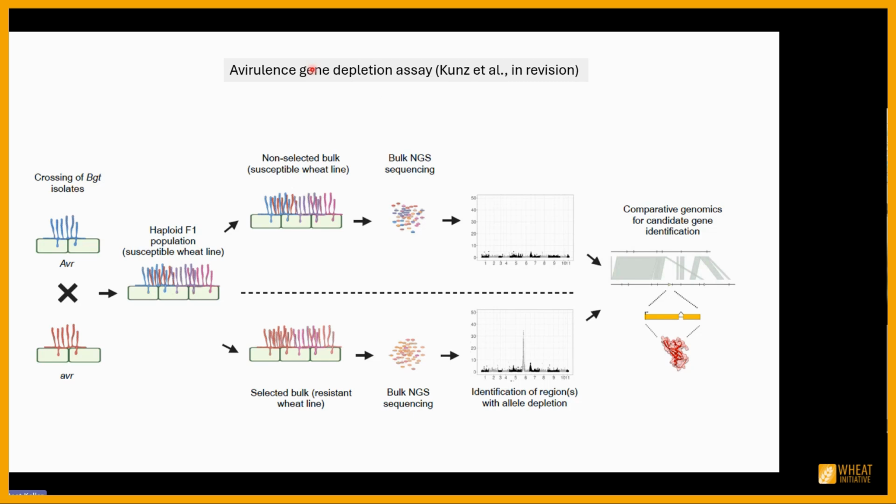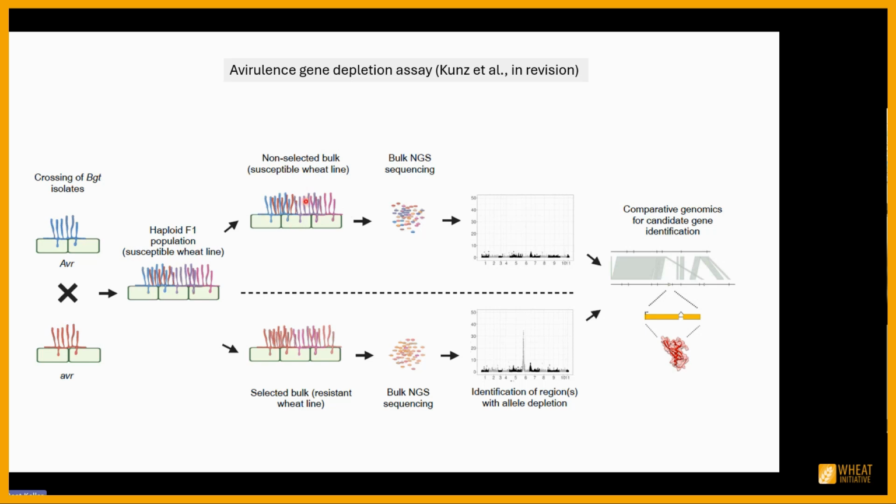And this has then led to what we call the avirulence gene depletion assay, a much faster way to get to avirulence genes than with the classical method. And I want to briefly describe this approach. You have an avirulent and a virulent isolate. You make a cross, which you can easily do in powdery mildew, and then you have this haploid F1 population, and you make a non-selected bulk.